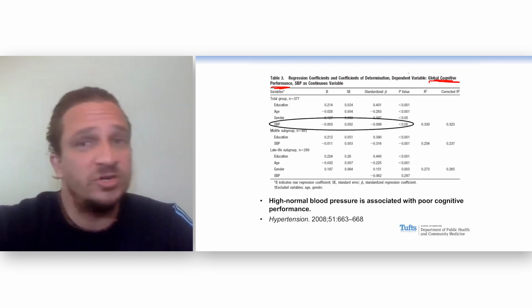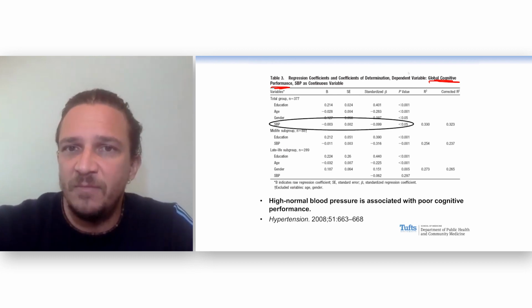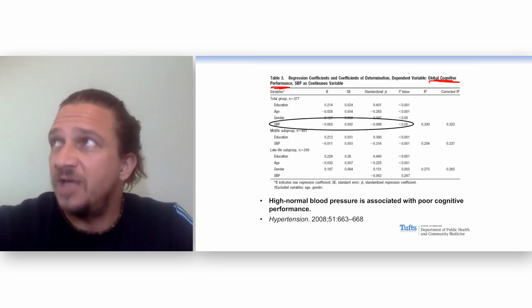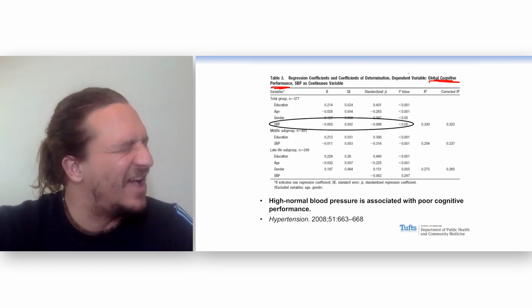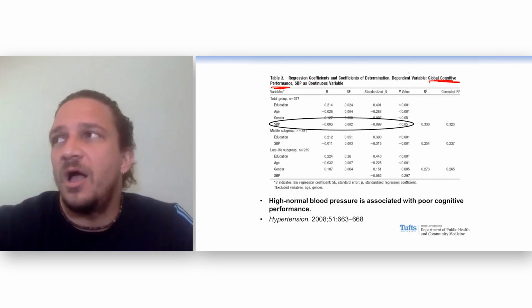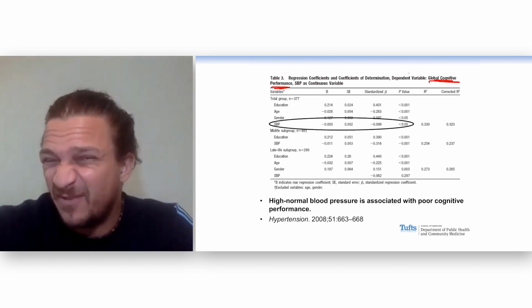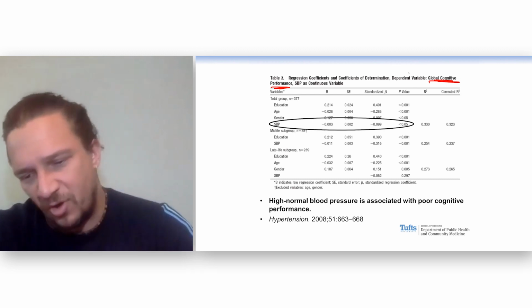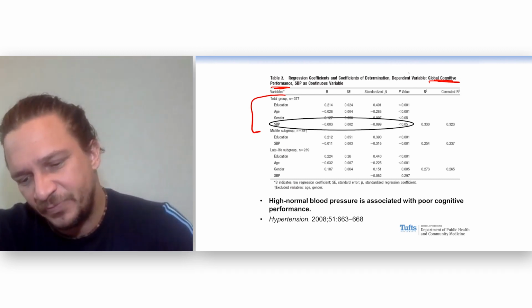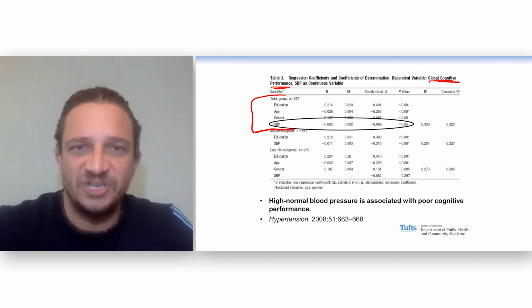And anyone who has three-quarters of a brain will be like, yeah, but maybe there are some potential confounders there. Maybe education is important. Maybe the more education you have, the better you are on global cognitive performance. But maybe the more education you have, it also affects your blood pressure. Age might be important. Gender might be important. So what we see here is a really nice example of a multiple linear regression.